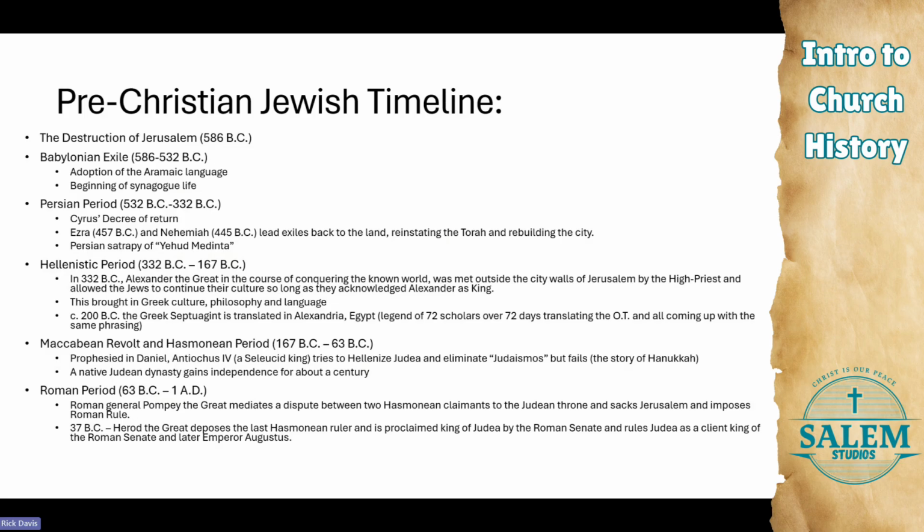And as legend has it, I love this story, though it's probably very much a legendary story and not actually historical, that 72 scholars over 72 days translated the entire Old Testament, and they all came up with the exact same Greek phrasing from the original Hebrew. And so this was seen as a form of inspiration.